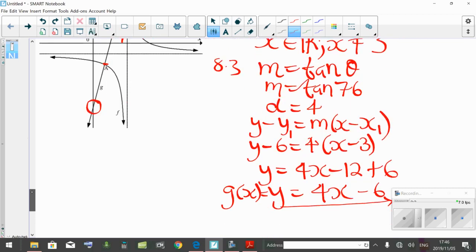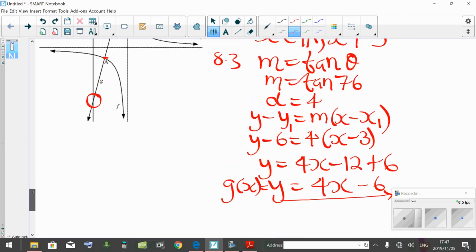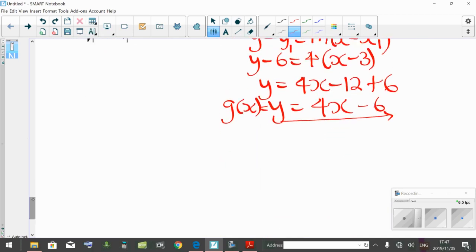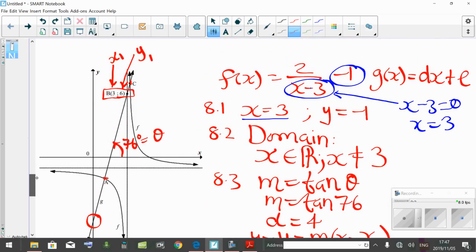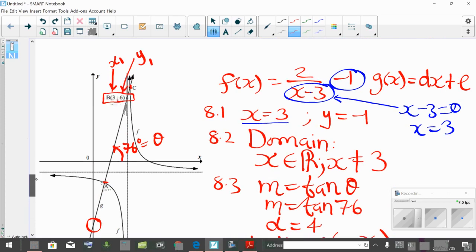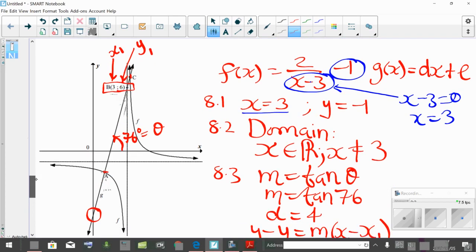If you remember from part 1 of this video, we said that at the point of intersection, the two functions are equal. So we're going to equate them. We form an algebraic equation and solve for x. We will probably get two values of x. As you can see, there are 2 points of intersection. So we'll get 2 roots from that.